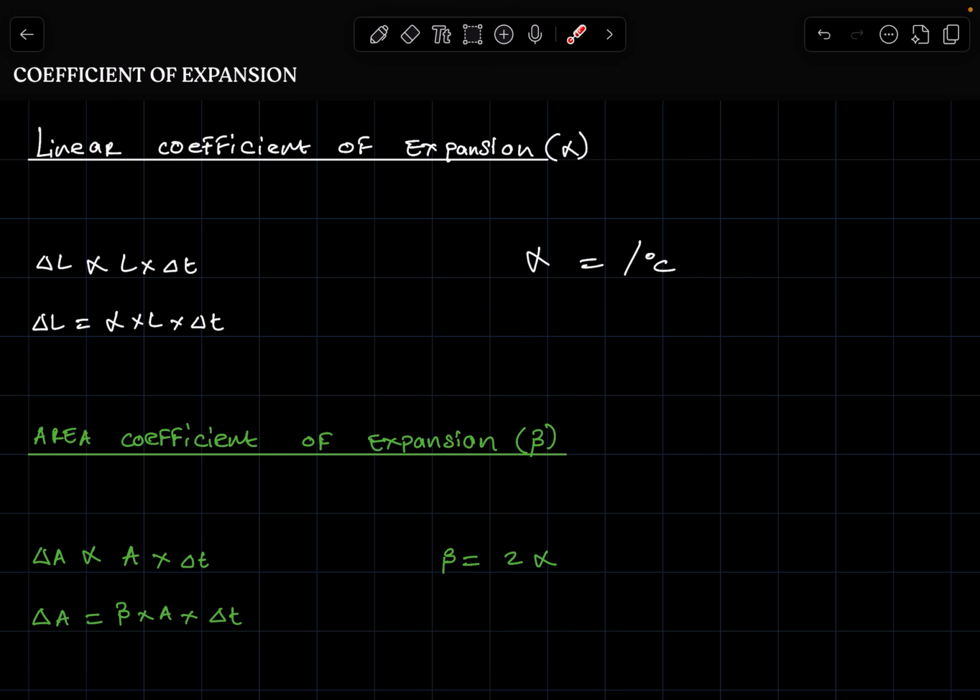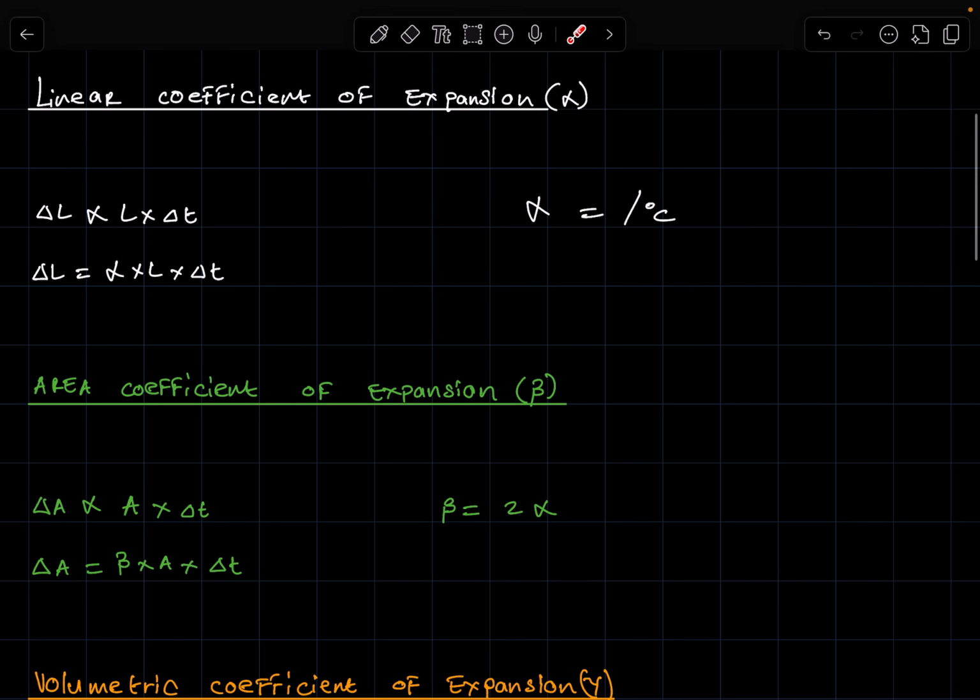So in replacing the proportionality sign, we then get this formula which we can use mathematically. Change in L is now equal to the linear coefficient of expansion times the original length times the change in temperature. And of course, how you express the change in temperature depends on if heat is being lost or if heat is being gained.